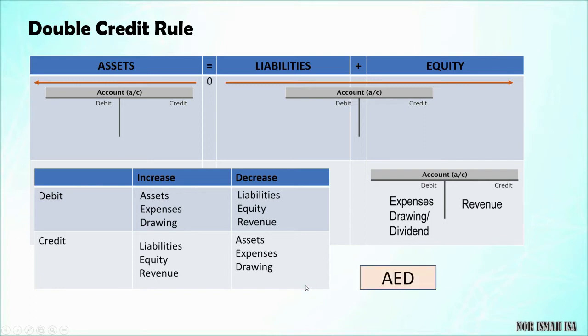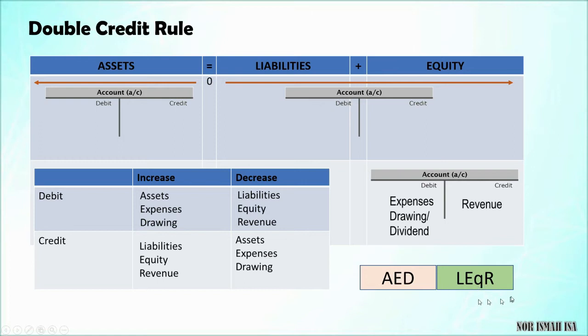In order for you to remember this, the increasing amounts that should be recorded on the debit side are assets, expenses and drawing, and this side is the amount that increases that you should credit, which is liability, equity and revenue.